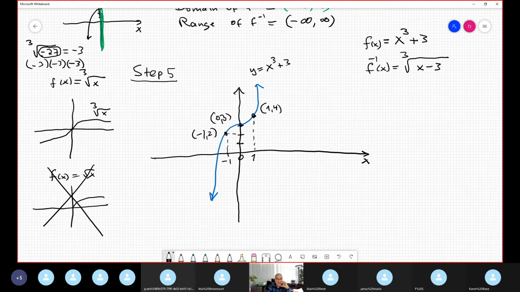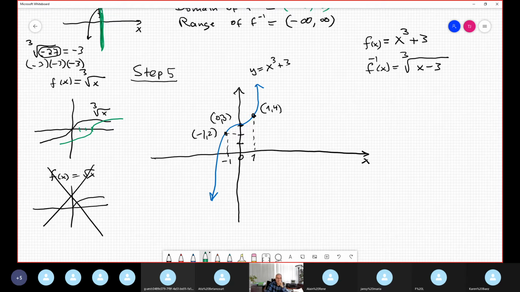The domain is all real numbers, exactly as we predicted in step 4. So we can interpret it this way: when you subtract 3 inside, this is a horizontal shift, 3 units to the right. So one rough idea of how the graph of the inverse looks is like that.